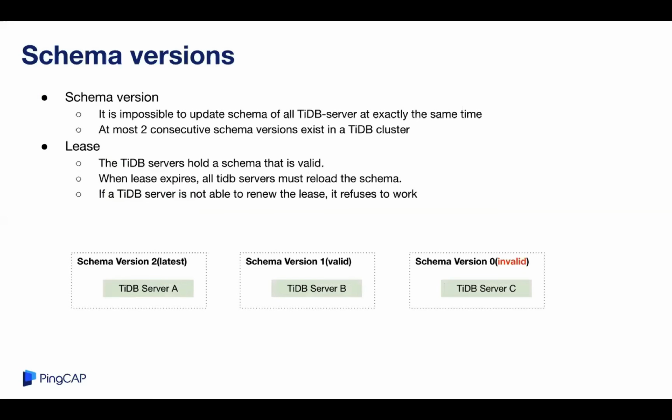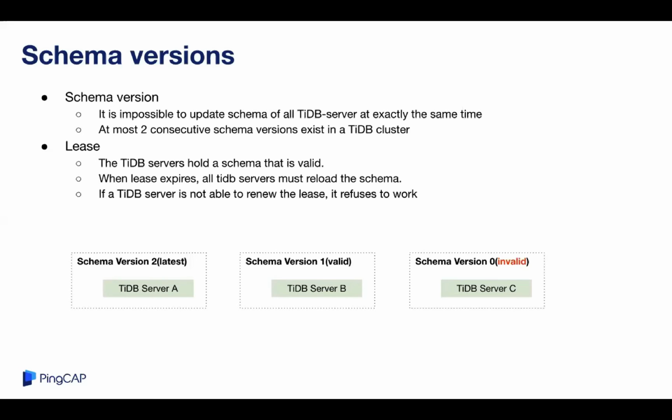However, due to the nature of a distributed system, it is impossible to make sure that all TiDB servers update the schema version at exactly the same time. But we can guarantee that at most 2 consecutive schema versions exist in a TiDB cluster, because we introduce a lease mechanism so that all the TiDB servers hold a schema that is valid only within the lease time.